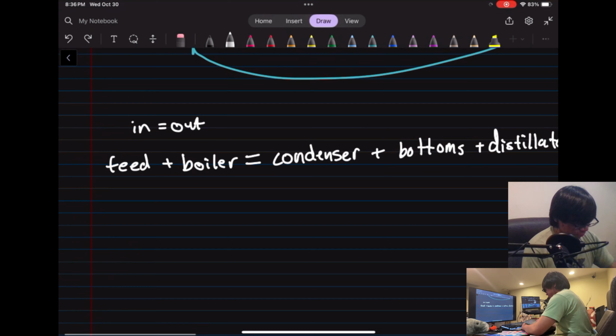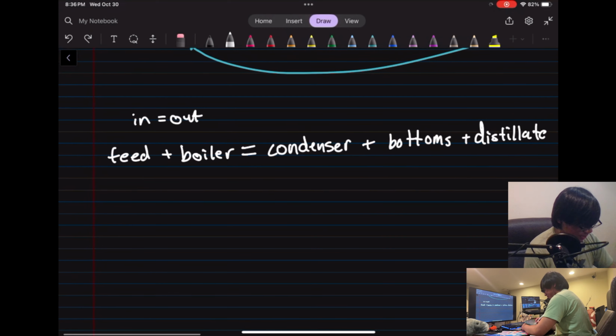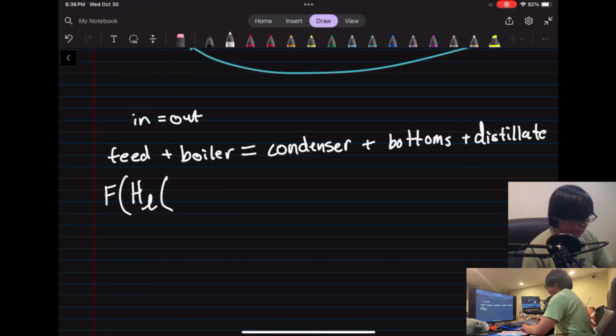So feed, what's the feed flow rate? We just have that as F. And then we have an enthalpy associated. For our enthalpy, we use our interpolation. Feed was all liquid, thankfully, so we use the enthalpy of the liquid, and we interpolate based on the composition of the feed. I think we use ZF for the more volatile component. Boiler, we have a flow rate associated with that, RB.